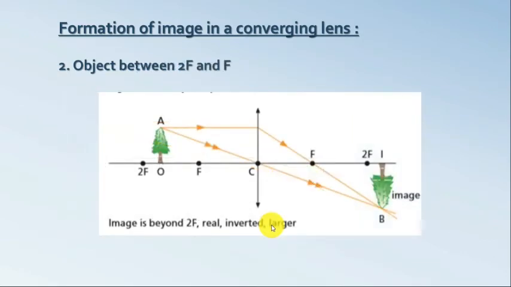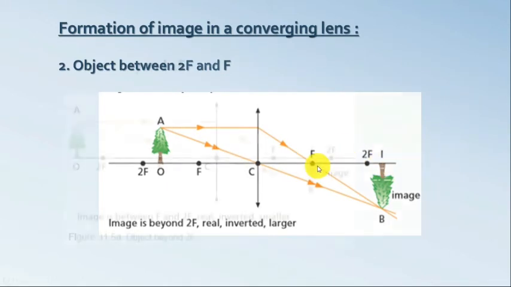The second case, if the object is between 2f and f. Okay, the object is between 2f and f. The same, we draw the two lines. The point of intersection is here. What do you see? First of all, the location of the image is where? Beyond 2f.